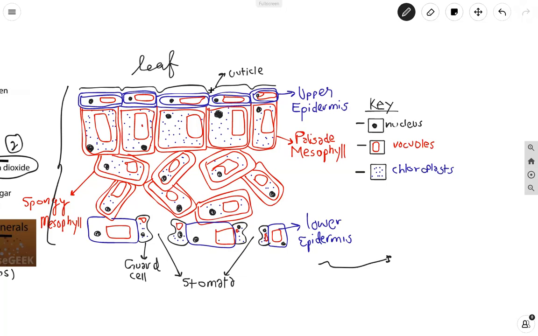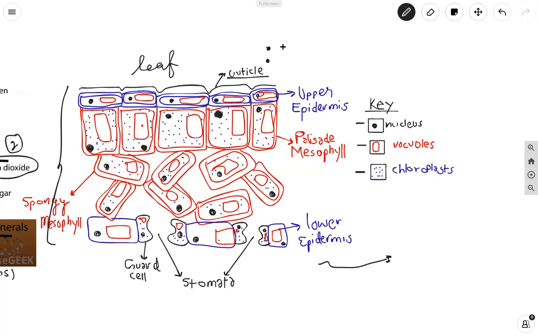You might have seen a very glossy coating. If you ever observed the top of a leaf, there's a very glossy, shiny coating. It's known as the cuticle, and it is transparent and waxy.